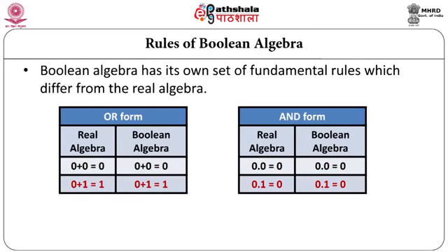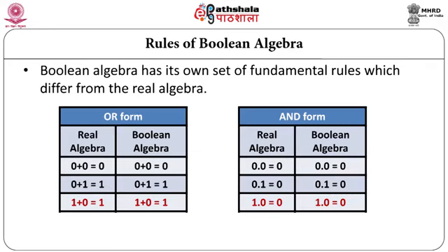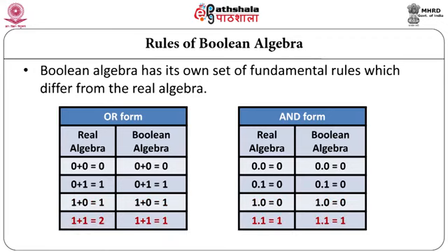Similarly, 0 and 1 is 0. 1 ORed with 0 is 1. Similarly, 1 ANDed with 0 is 0. 1 ORed with 1 is 1, but note that in real algebra 1 plus 1 is 2.